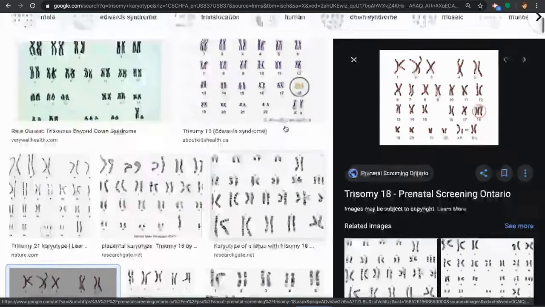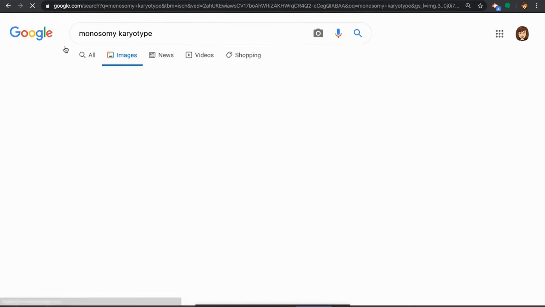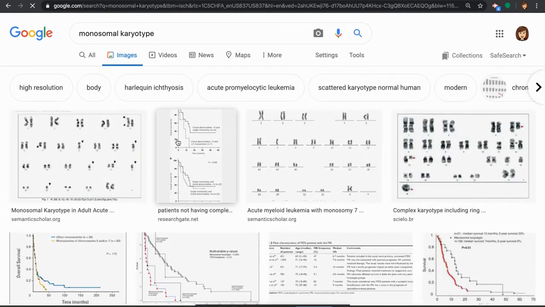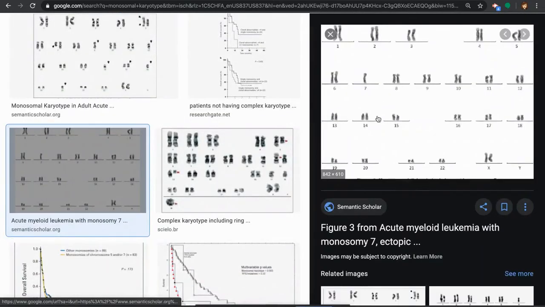Trisomy, and then let's see, monosomy karyotype. Oh, there it is. Okay, there's one. Chromosome number 7, the monosomy exists right there. So I'll show you what these people will look like in a few minutes.